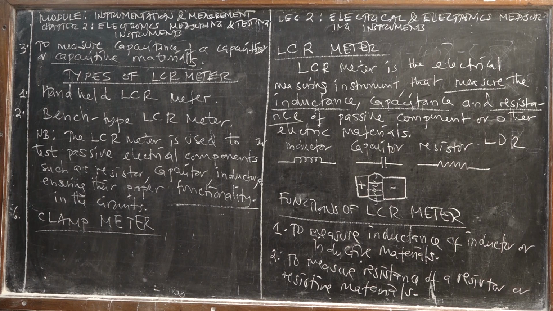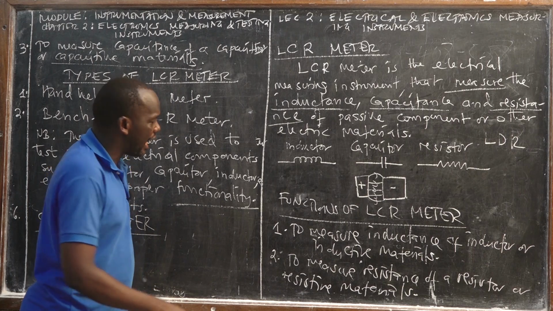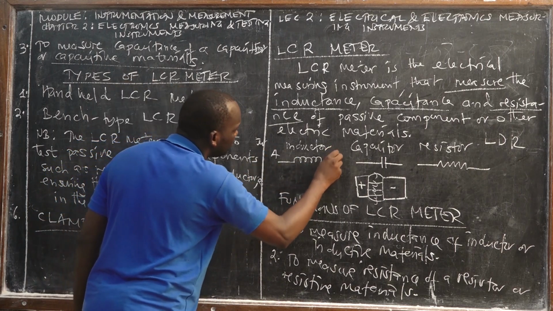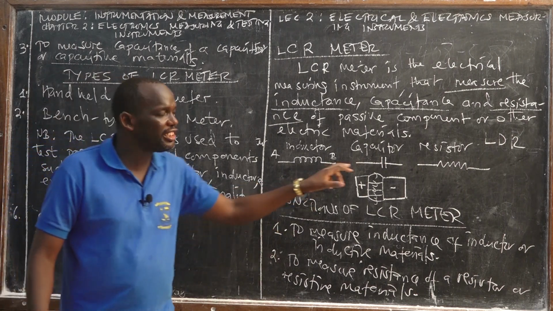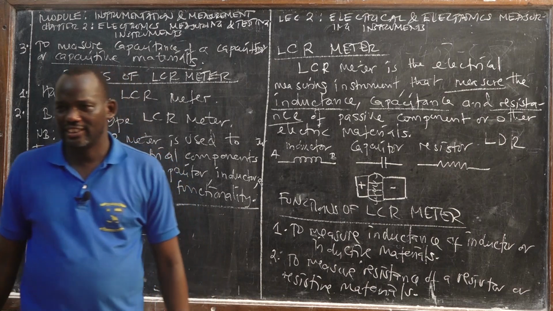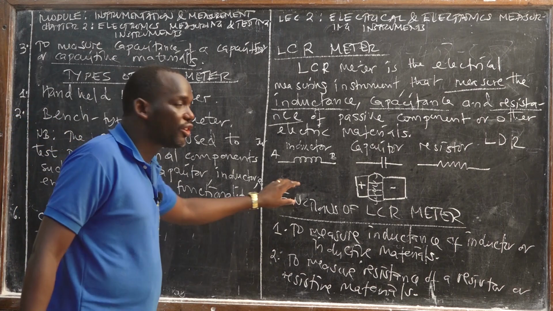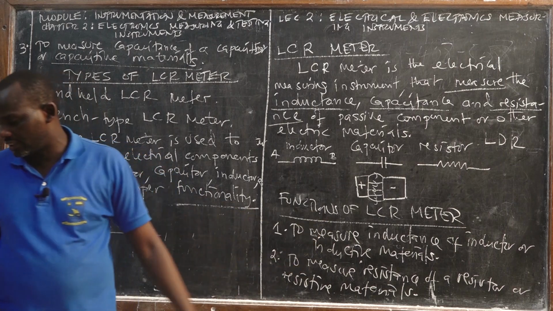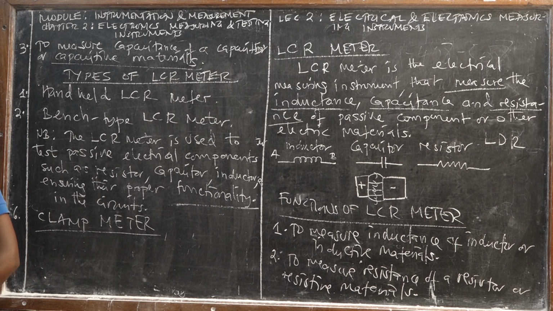What do you think? Suppose that this is the inductor, and we have terminal A and terminal B. How are you going to measure the inductance of this inductor by using the LCR meter? Are you going to connect it in series, or where, and why? So, Yavan, how do we connect the LCR meter to measure the inductance of this inductor? In series. Series, okay, thank you. The other one, who said parallel?